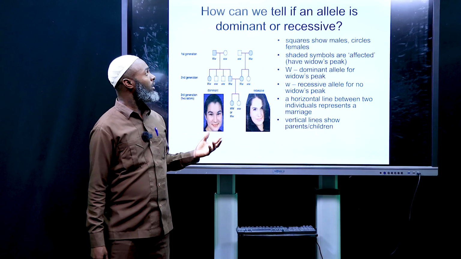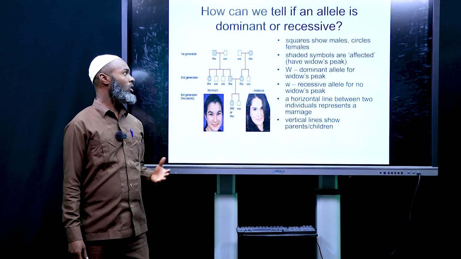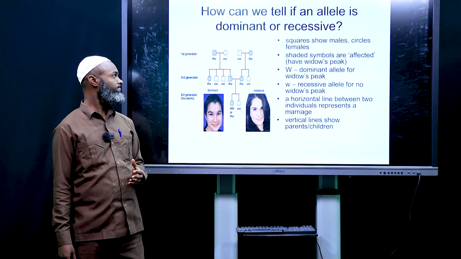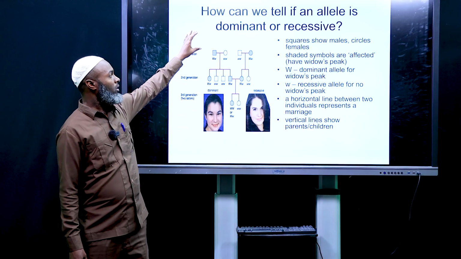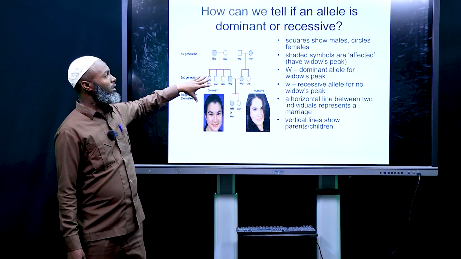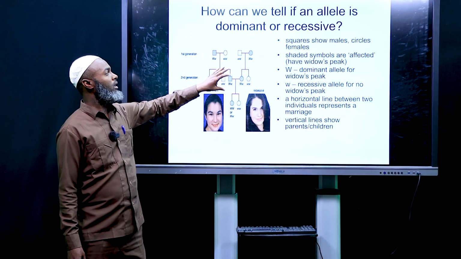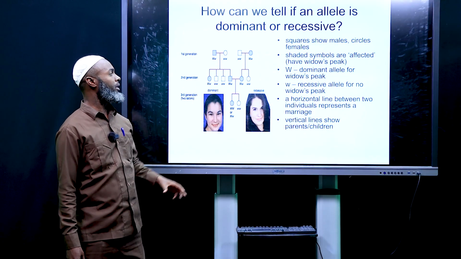How can we tell if an allele is dominant or recessive? This is an example. Squares show males and circles show females.